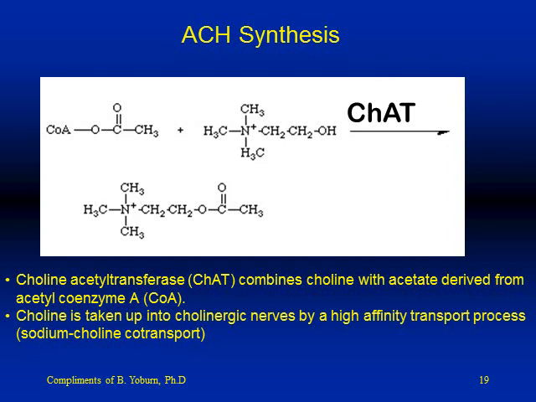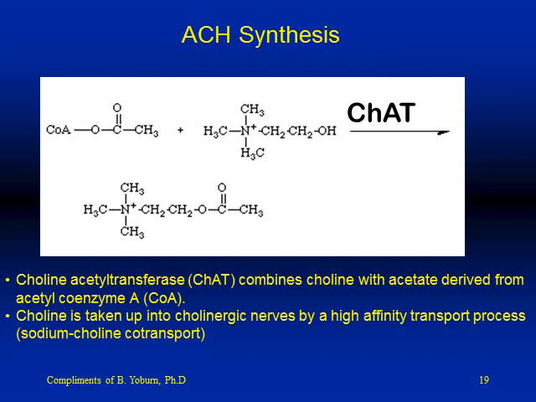Now, if you look at the structure of choline and you look at the structure of acetylcholine, all you really see different is an acetate group being put onto the hydroxy of choline. Do you see that? You see the hydroxy of choline above, and then an acetate group being transferred to the choline to form acetylcholine. So choline acetyltransferase, also known as ChAT, combines choline with acetate.